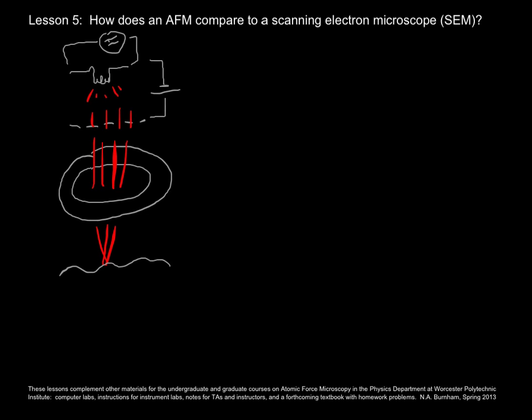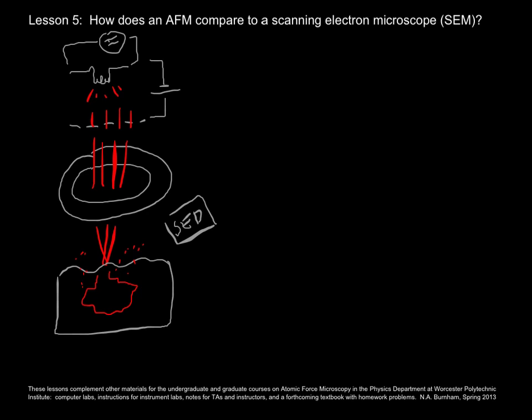and in the sample they're fairly high energy, and so in the sample they sort of cause a little bulb of excitation, and some of the electrons sort of make their way to the surface. They're low energy and they're collected by what's called a secondary electron detector, SED.